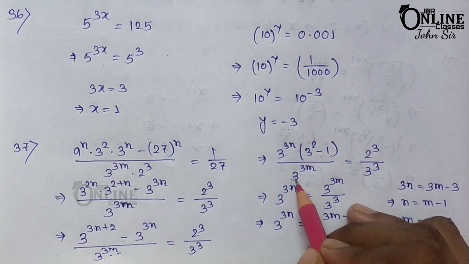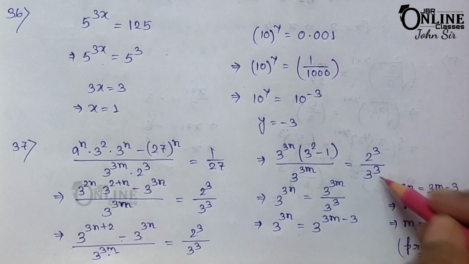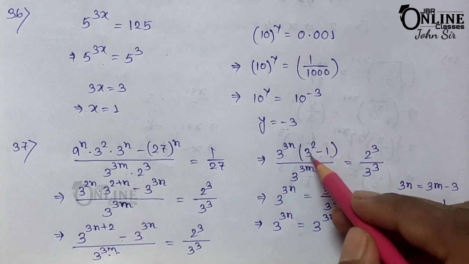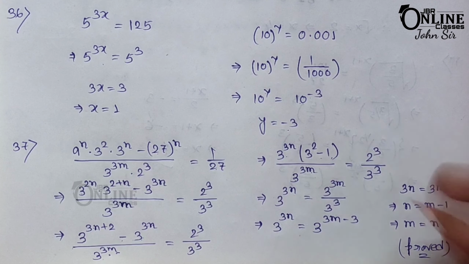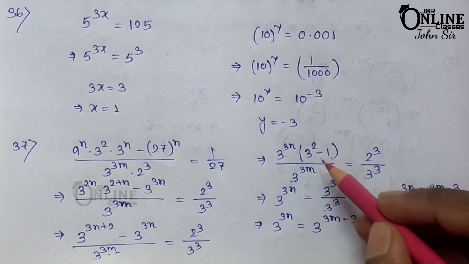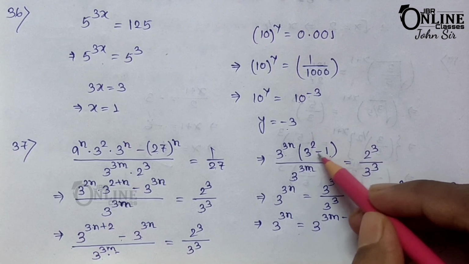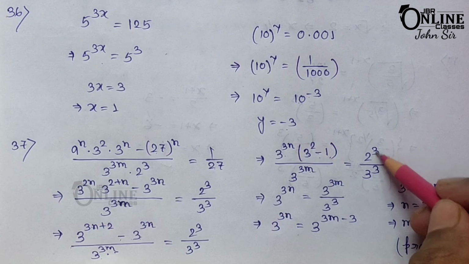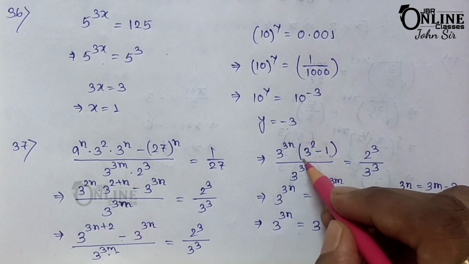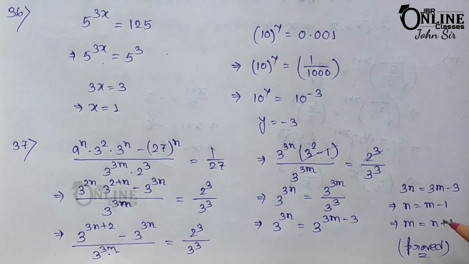In the denominator, 3 to the power 3m. Now 3 square means 9, so 9 minus 1 is 8. Here also 2 to the power 3 means 8. So 8 cancels out.